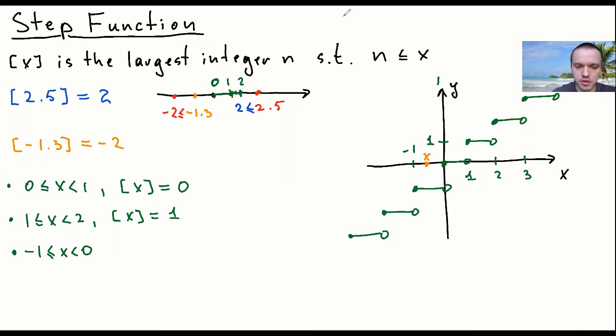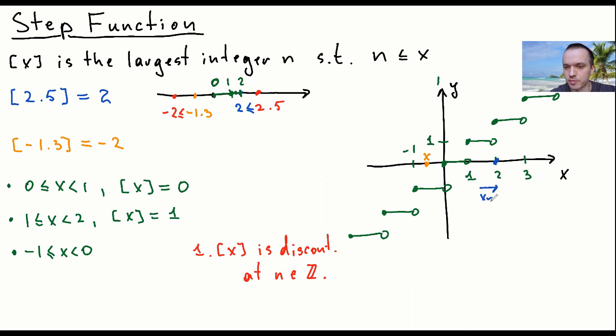Okay, and let me just discuss a couple of properties. First, we can see that the step function is discontinuous at n for integers. In other words, every time I choose some integer, for example integer 2, my function is going to be discontinuous, because if I take a sequence of points x_n which approaches 2 from the left, I'm going to get 1 as my output.